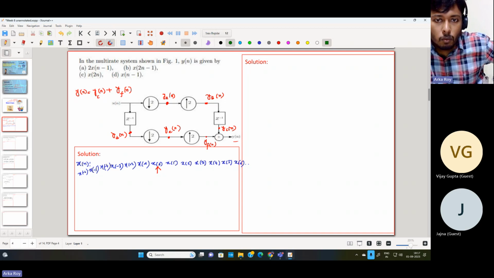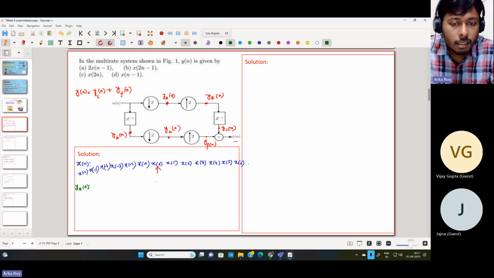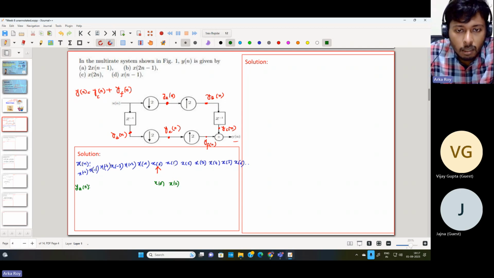Now we need to find ya[n]. What does it mean? It is basically downsampling the signal by a factor of 2. Therefore, we can drop the samples at a regular interval with a factor of 2. The first sample will be x[0] itself. The second sample will be x[2], as we are dropping samples at a regular interval of 2.